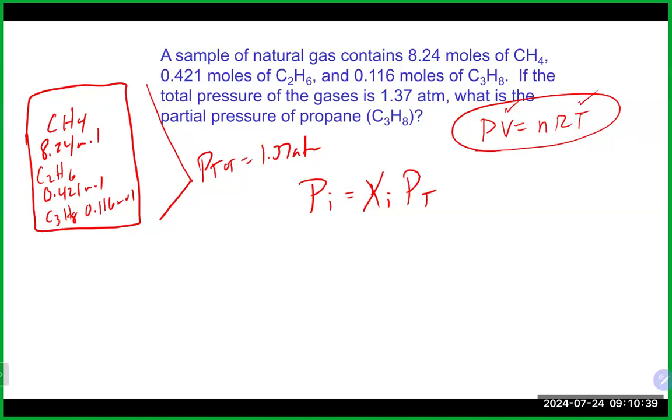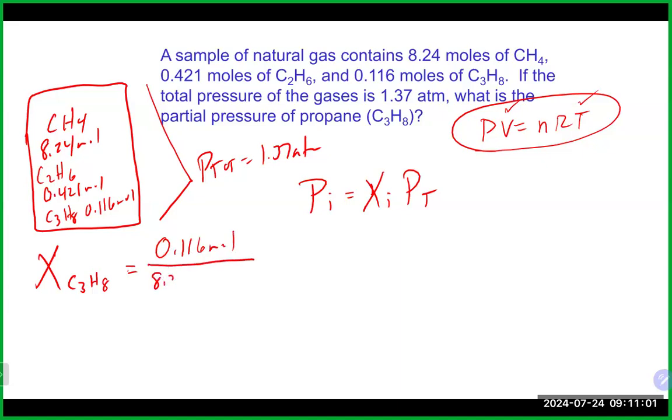So in this case, we're going to calculate the mole fraction of our propane, which is C3H8. That's going to be the moles of propane, which was 0.116, divided by the total moles.